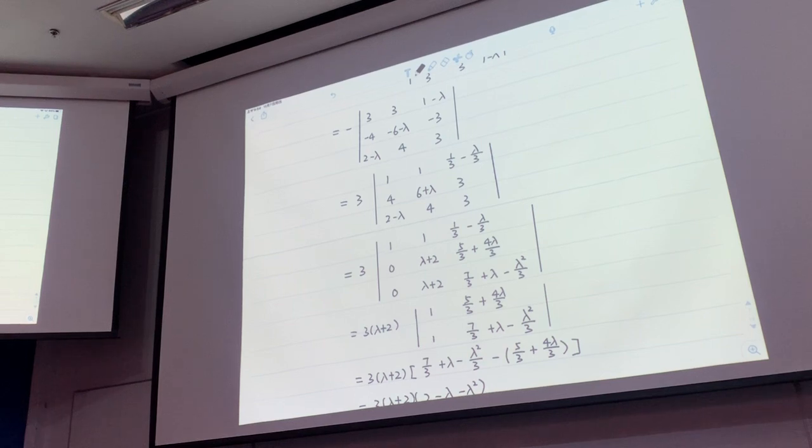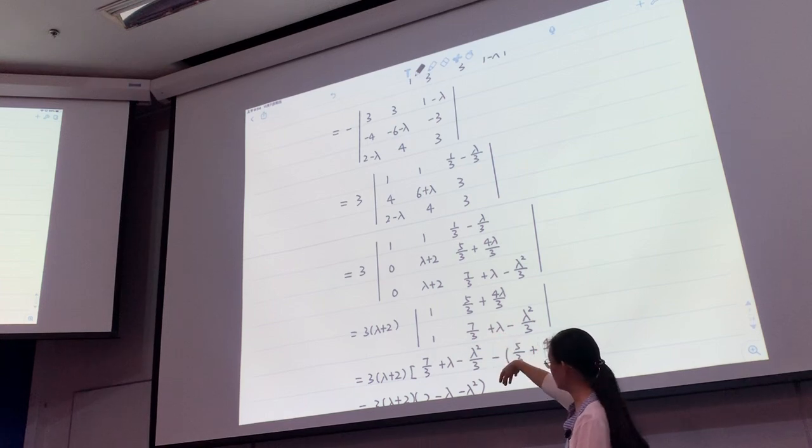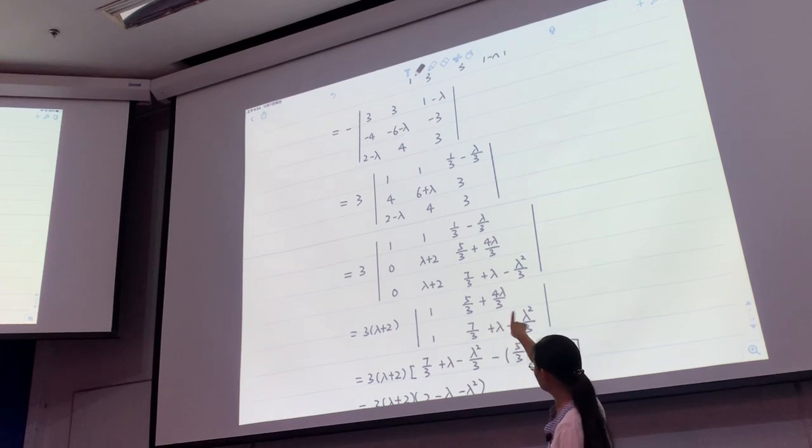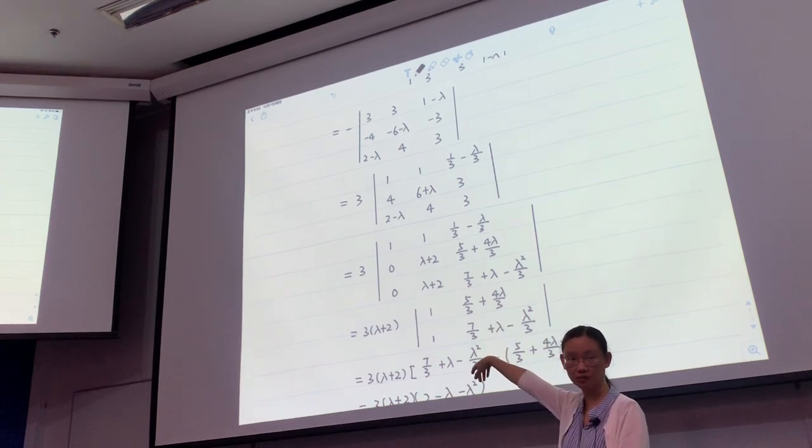Okay, so we get 1, 0, 0, and then I can do the expansion according to the first column, and then we get this small matrix. This small matrix here is 2 by 2 and has a common factor in the first column, lambda plus 2.